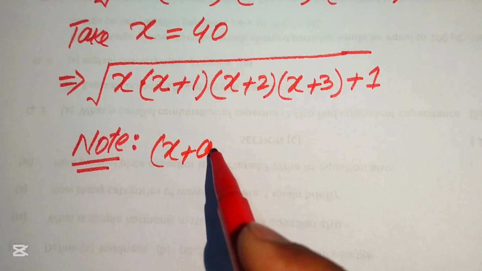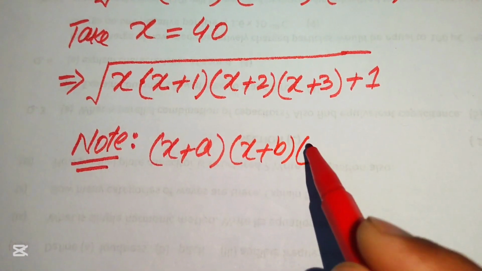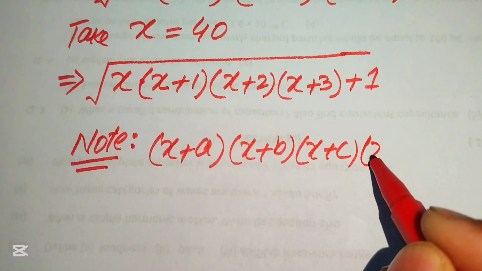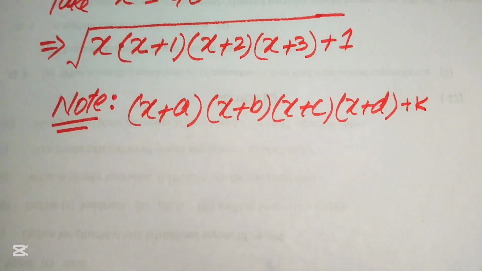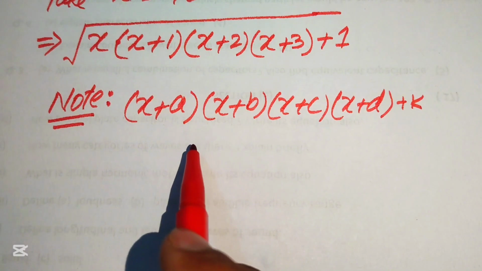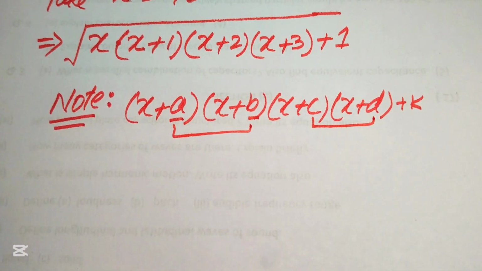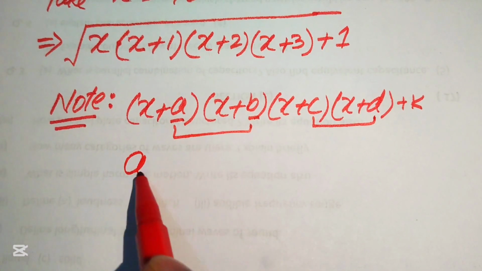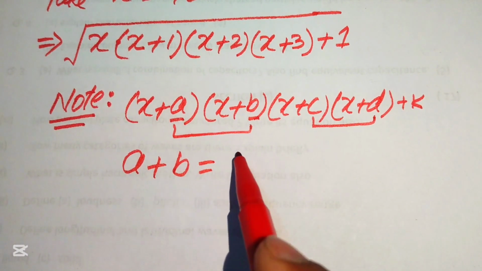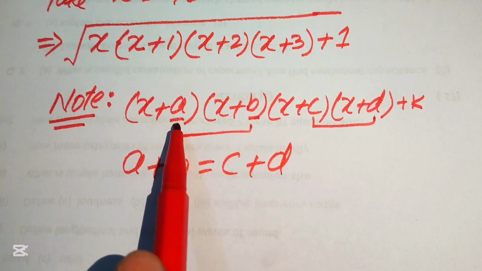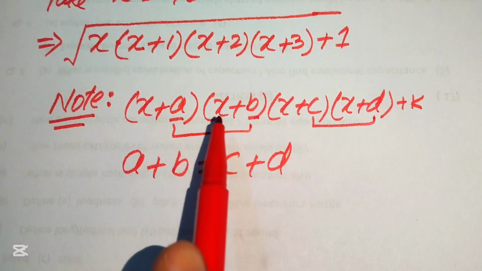If you have x plus a times x plus b times x plus c times x plus d, plus k, with factors multiplied this way, then you add these numbers. If you add these two numbers and these two numbers and get the same answer, meaning a plus b equals c plus d, then you rearrange all of these factors in this way.